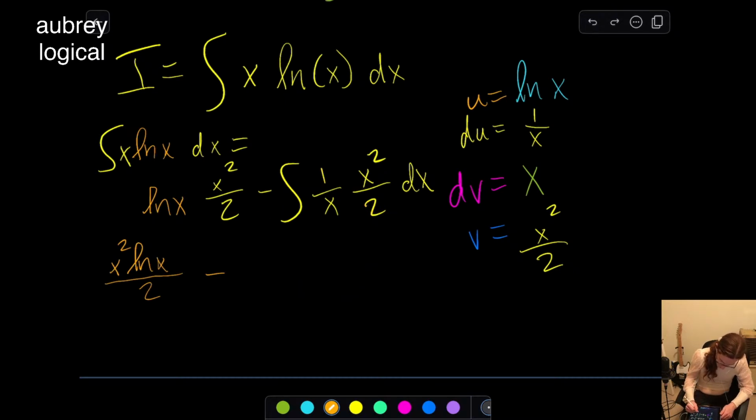So that's going to be a 1/2 that comes to the outside of the integral. And then we are left with x squared over x, which would just be x, right? Yes. dx.